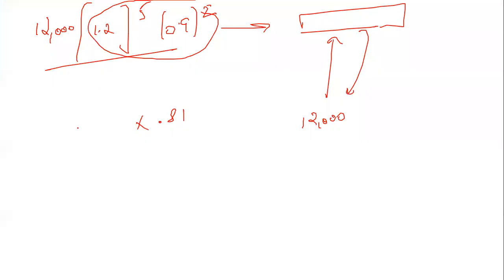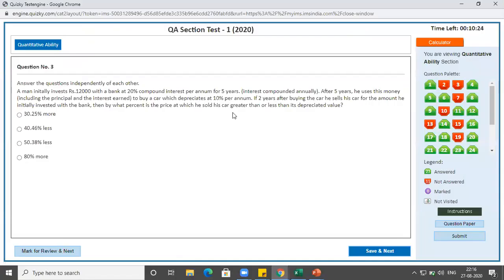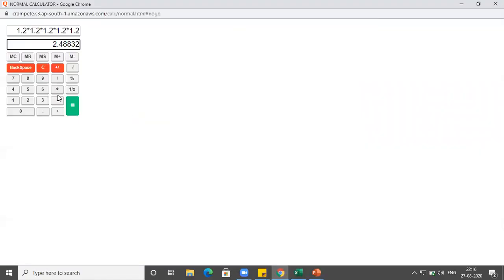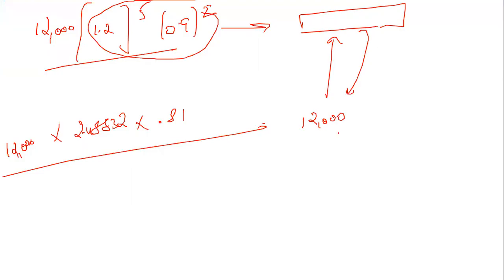Okay, so this is actually 2.48832, and this is 12,000. It is a laborious question and nothing else. So this is multiplied by 12,000, let's use the calculator here too, multiplied by 0.81. Okay, so the car's value was 24,186 rupees.